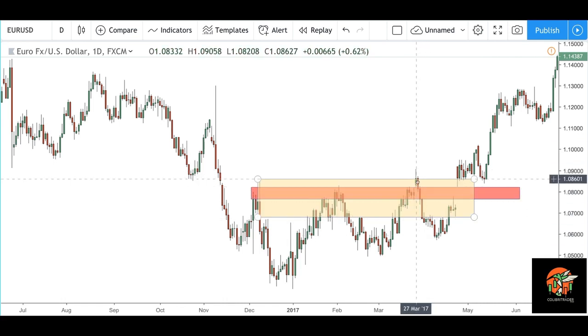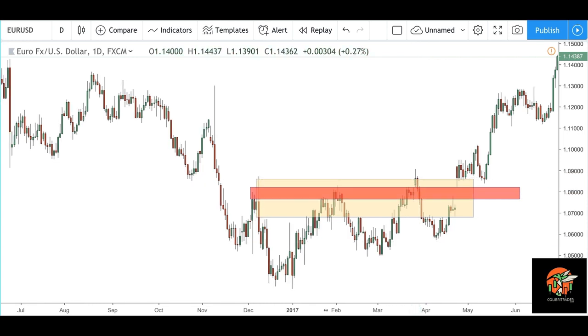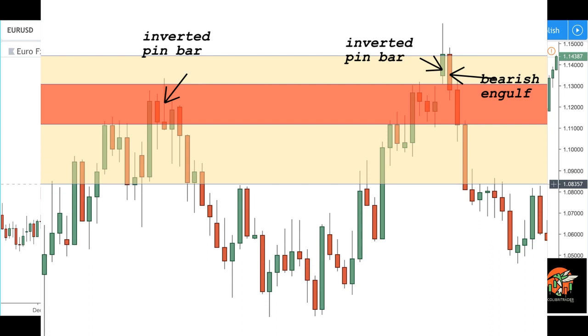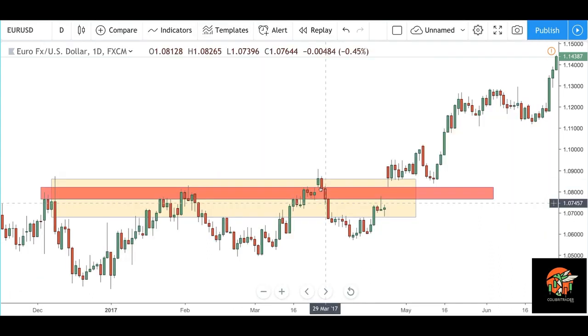So in this case, if we concentrate on those two candles here, you have a pin bar like an inverted hammer, which forms just above this red line, the resistance, and then you have an immediately bearish engulfing pattern. So just considering the daily chart, these are already two good signals for a short.